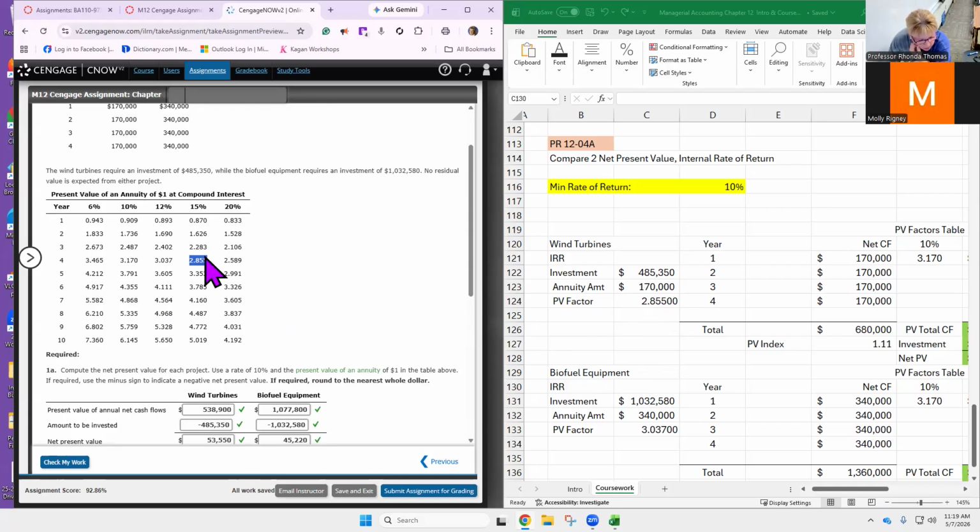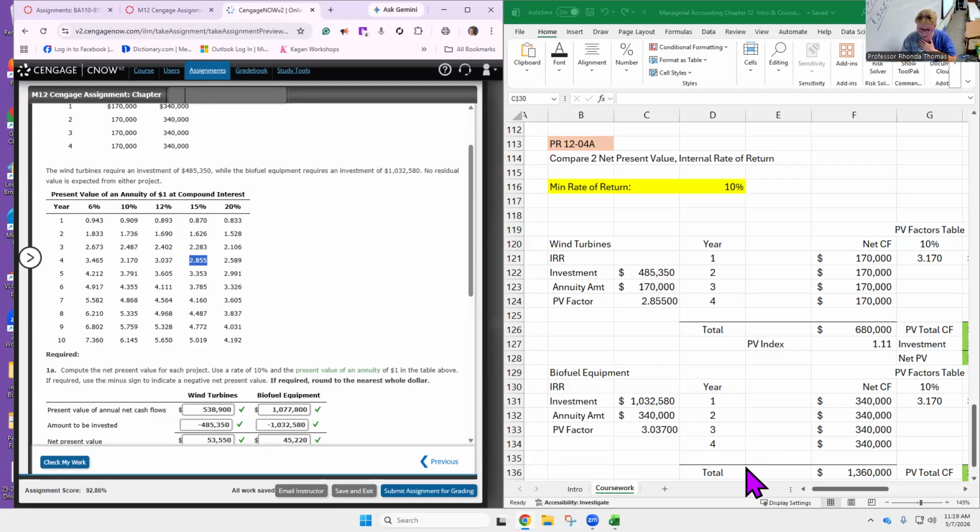So sometimes you have to split the difference and look at a different table that has more detail, because that's 5% between those two there. So the internal rate of return for the wind turbine is 15%.